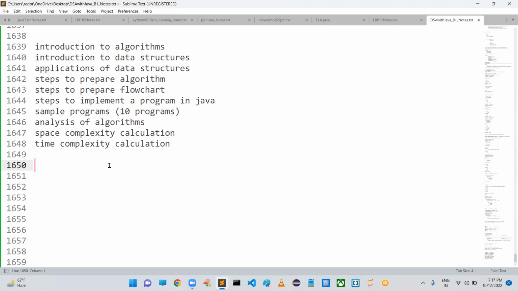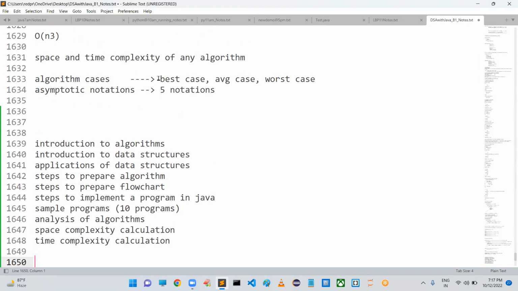Now, today I'm going for measuring the algorithm statistics. If I want to measure algorithms, we have to go for best case, average case, and worst case analysis. For any algorithm, we have to consider these cases. Today I will take one small program and explain how you can analyze algorithms, a small concept only.